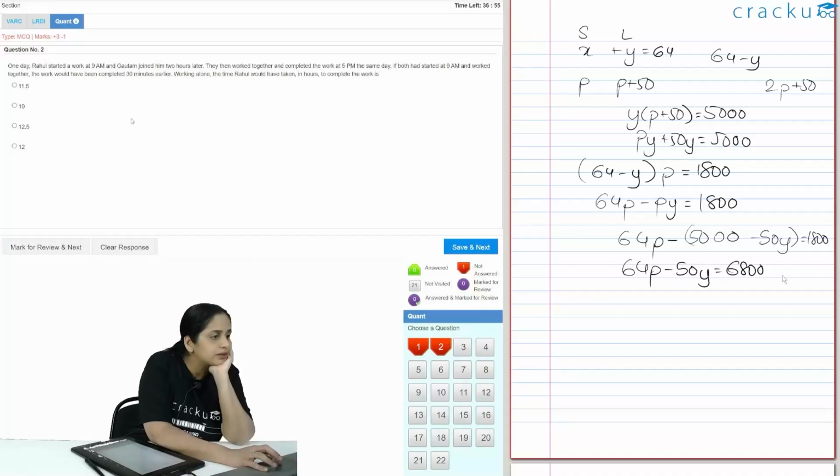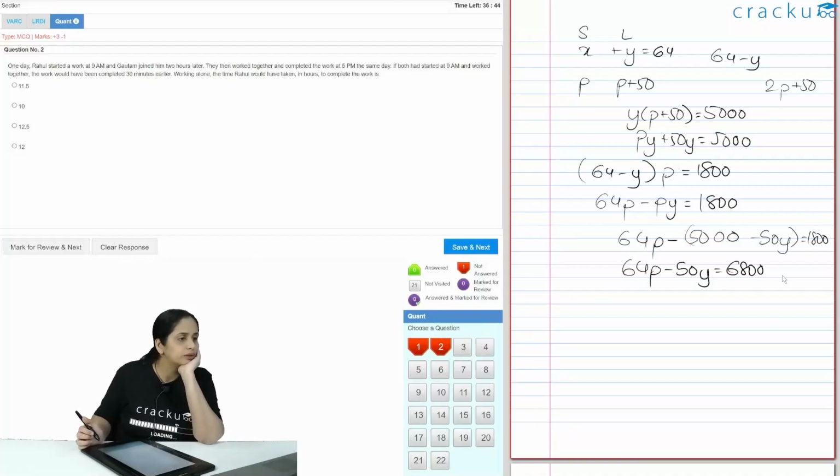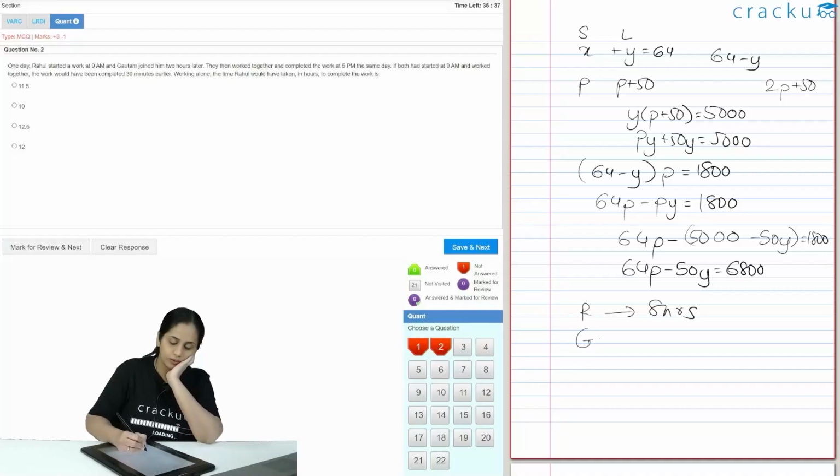Started a work at 9 and got some joined and 2 hours later they work together. Okay, cool. So Rahul completed the work till this. So Rahul worked for 8 hours and Gautam worked for 6 hours.